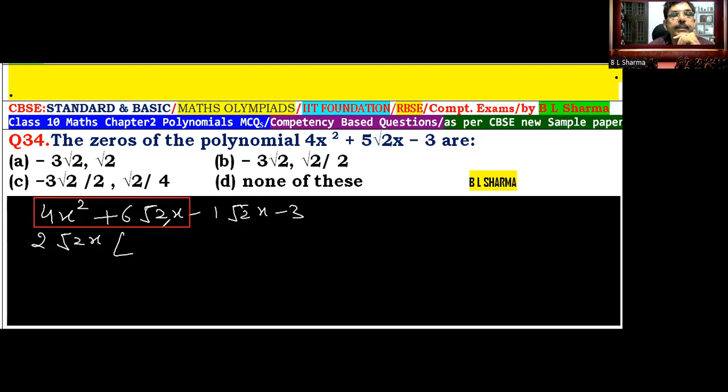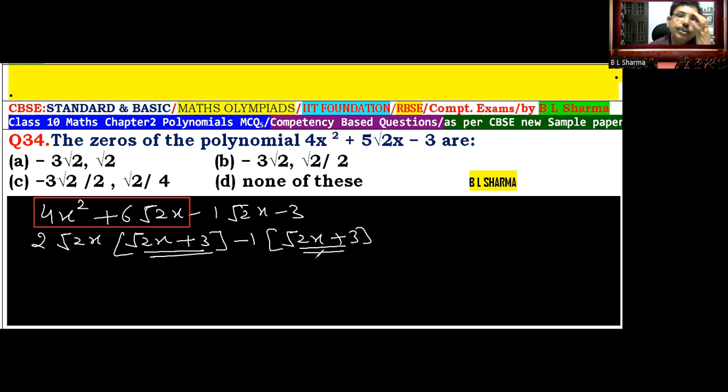What is left here is root 2x plus 3, and what is common here is minus 1, root 2x plus 3 is left. Again root 2x plus 3 is common, so you can write root 2x plus 3 as one factor, and the other factor is 2 root 2x minus 1.